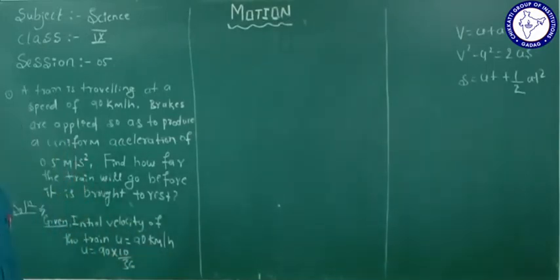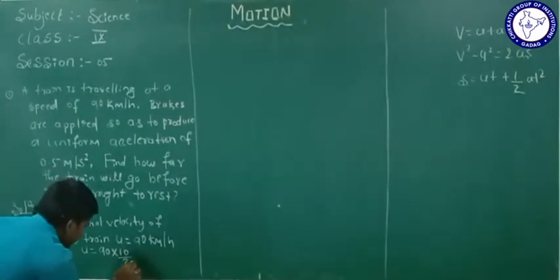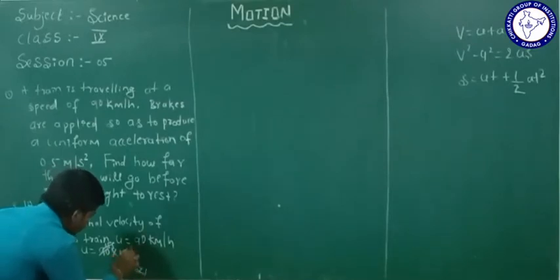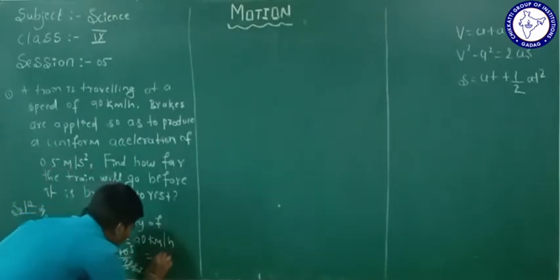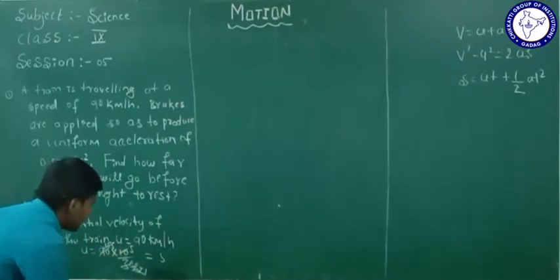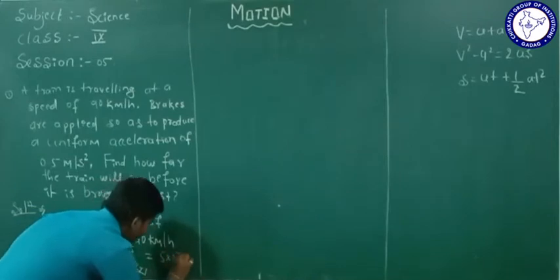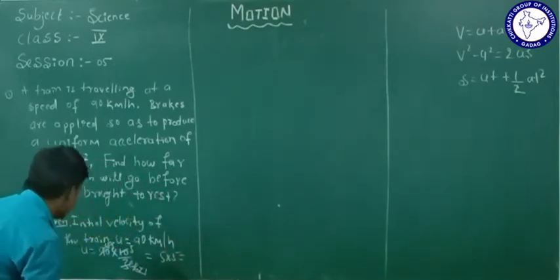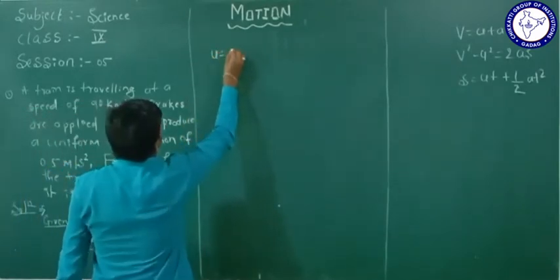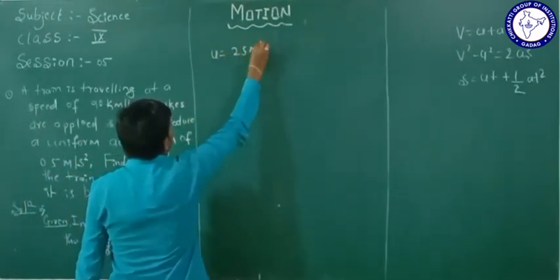See here, 6 sixes are 36, 6 fives are 30, then 3 twos are 6, 3 fives are 15, 2 ones are 2, 2 fives are 10, that is equal to 5 into 5, that is equal to 25 meter per second initial velocity. u is equal to 25 meter per second.